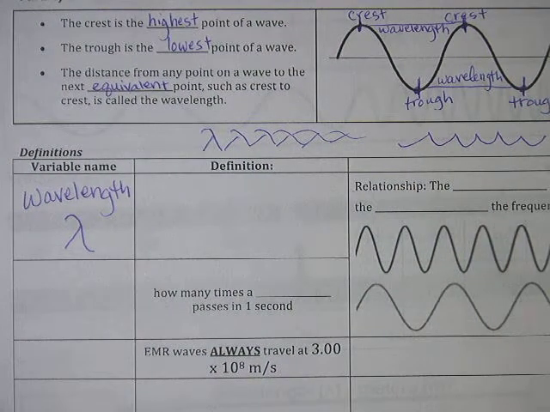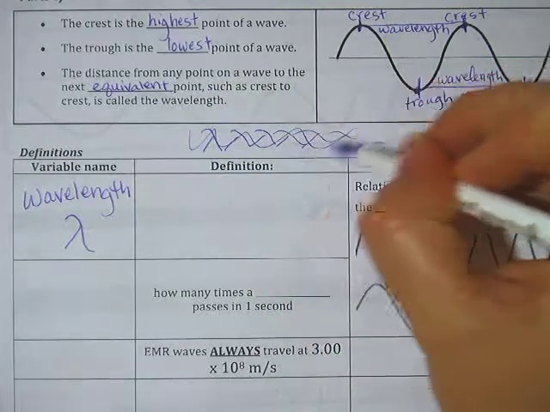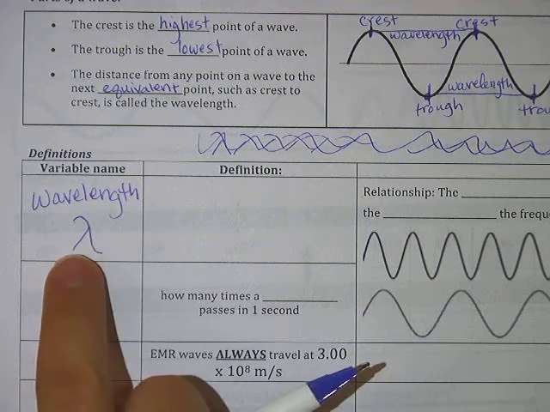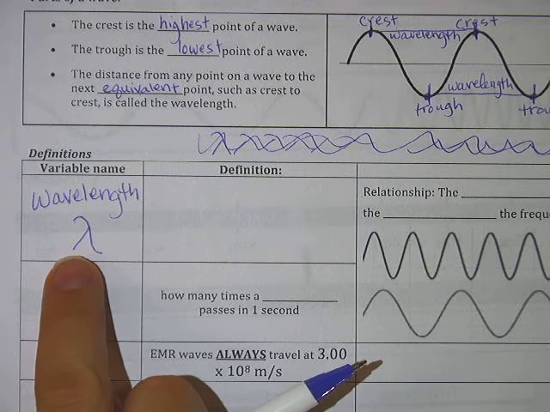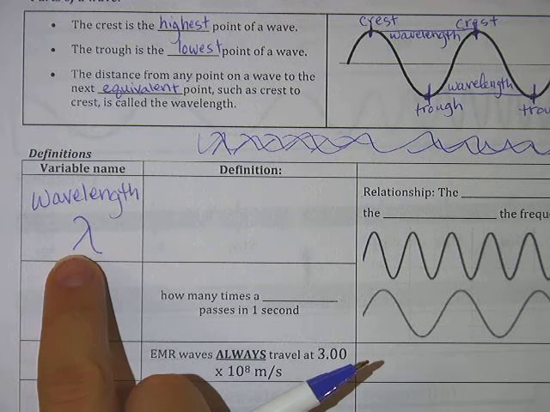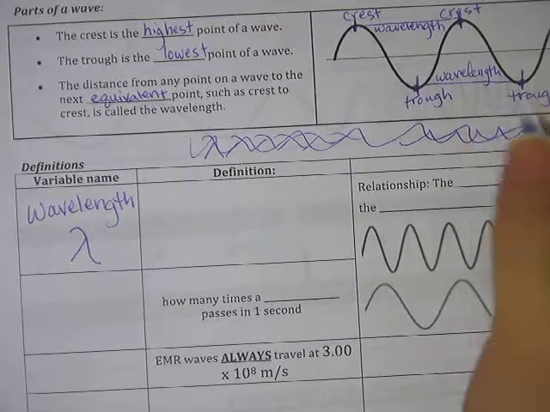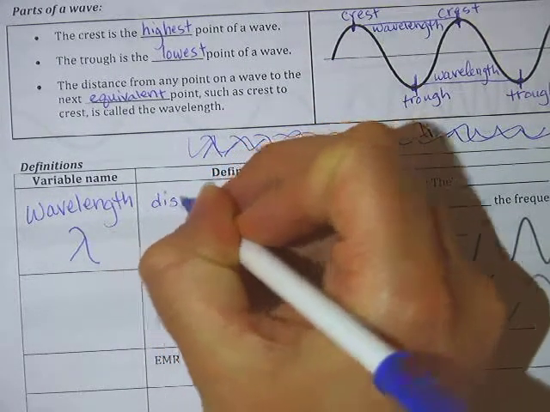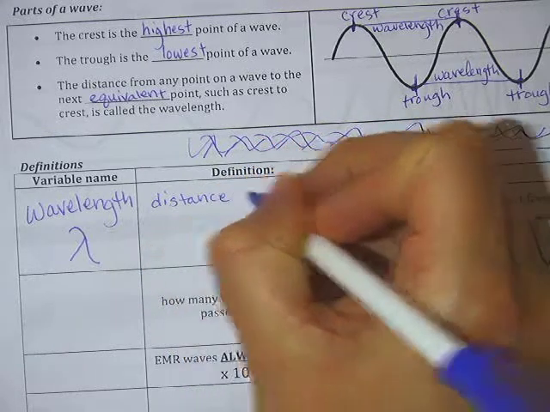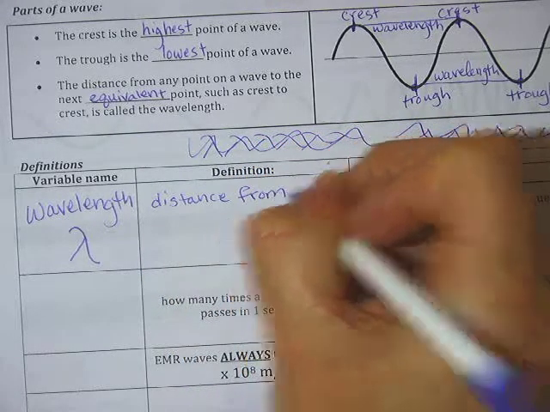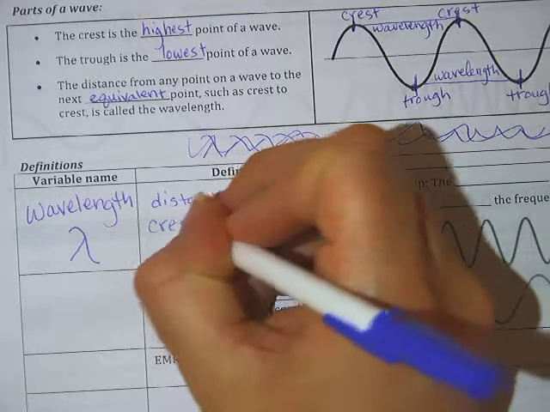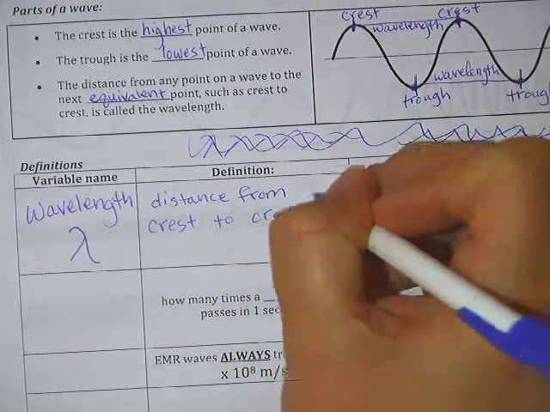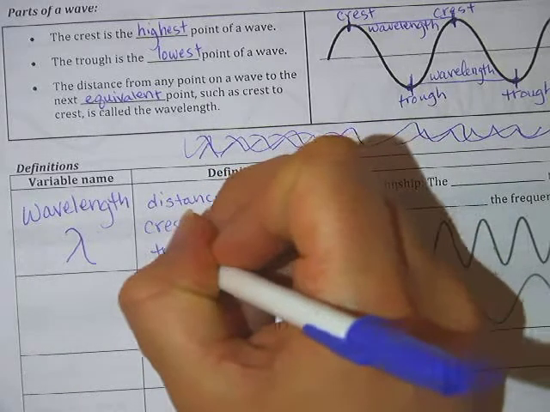Maybe that's dumb, I don't know, but for wavelength we use this Greek letter, lambda, and our definition for wavelength would be the length of a wave, which we measure as the distance from crest to crest, or trough to trough.